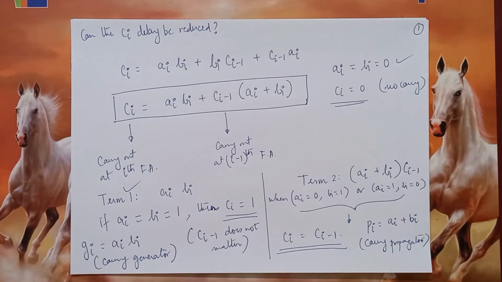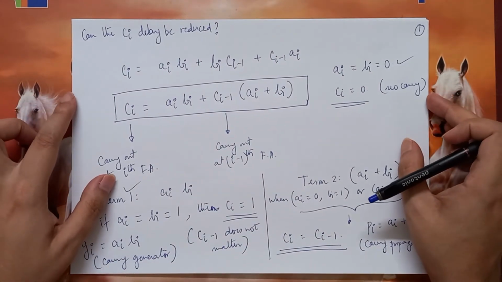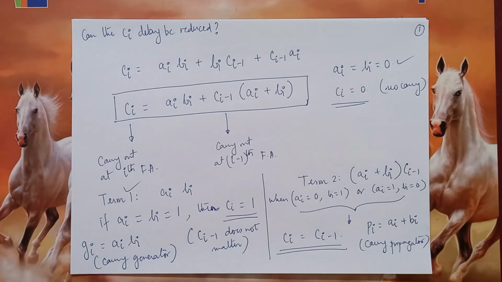So now, what we notice is we have sort of isolated the conditions when the carry in the present addition will depend only on the present inputs versus those when it will depend on the previous carry. Now we have defined two new terms. One is called the carry generator term. The other is called the carry propagator term. What we notice is gi and pi are both functions of the present inputs.